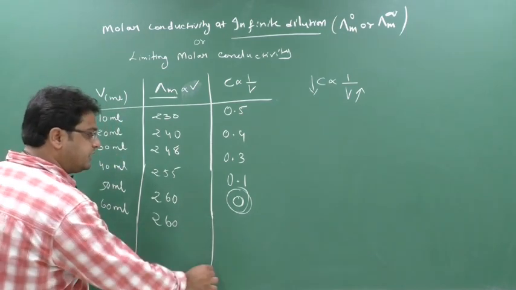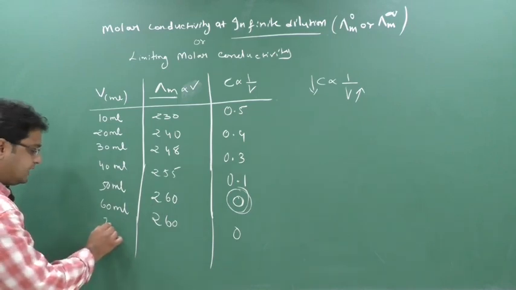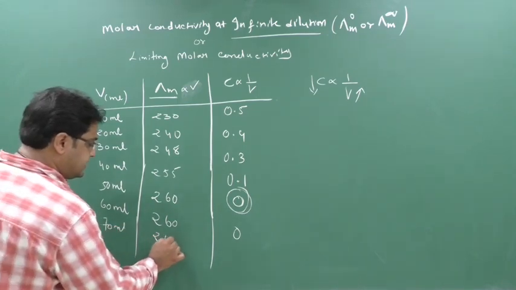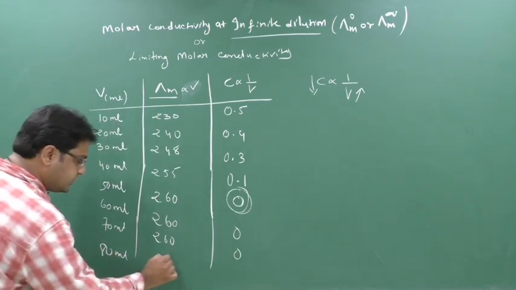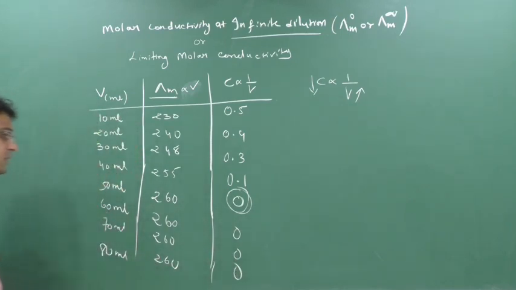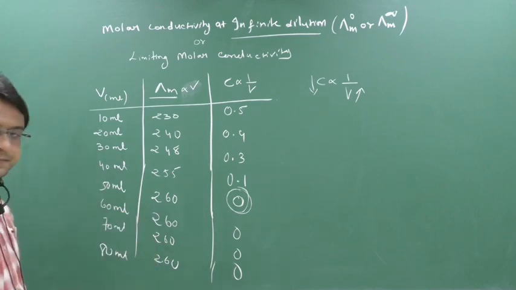Why has it not increased? Because the concentration was 0. Again I increased to 70 ml, the molar conductance remains the same, 260, concentration 0; 80 ml, 260, concentration 0.